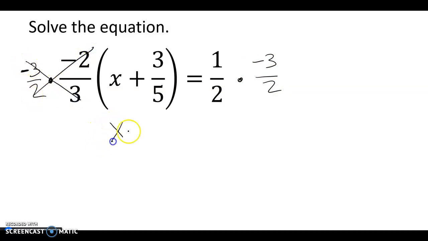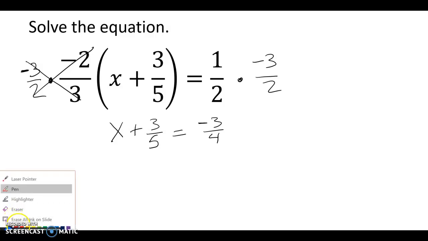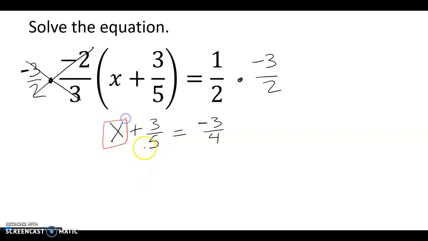I'm left with x plus 3/5 equals, now if you go 1/2 times negative 3 over 2, that's going to give you negative 3 over 4. Then the next thing you want to do is get rid of the plus 3/5 so that your variable term is by itself.